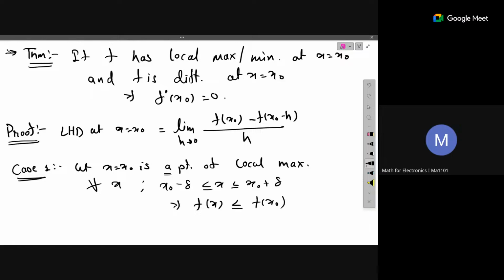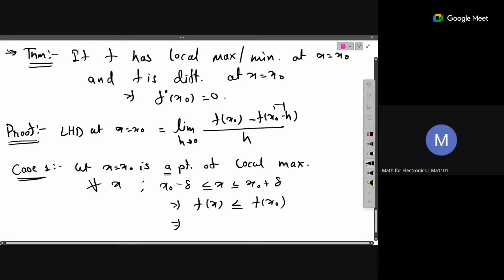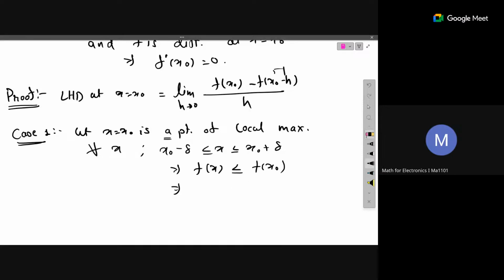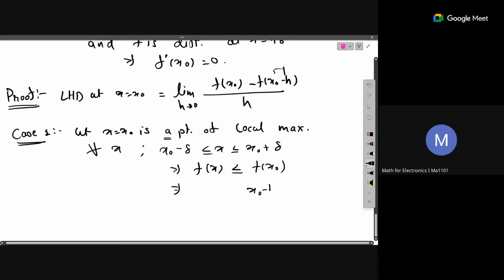Now here, this quantity x naught minus h can be in this particular interval. We can take a very small h in such a way that x naught minus h lies between x naught minus delta and x naught plus delta.